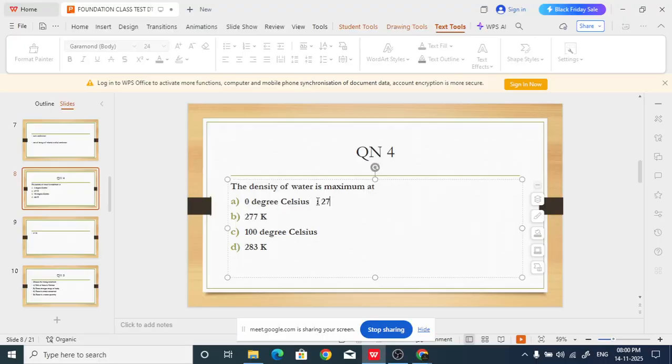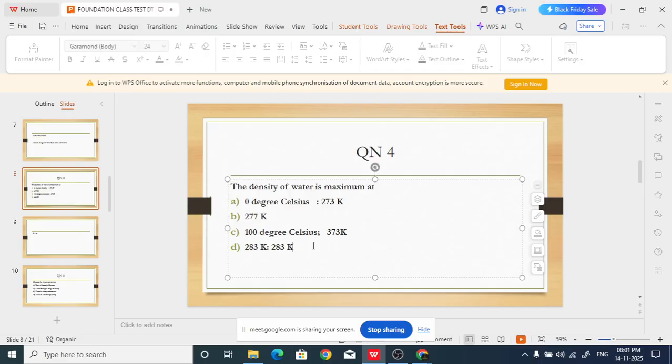This is 273 Kelvin. 100 degree Celsius means how much? 373 Kelvin. Then 283 Kelvin. Density of water is maximum at 100 degrees Celsius, is it?